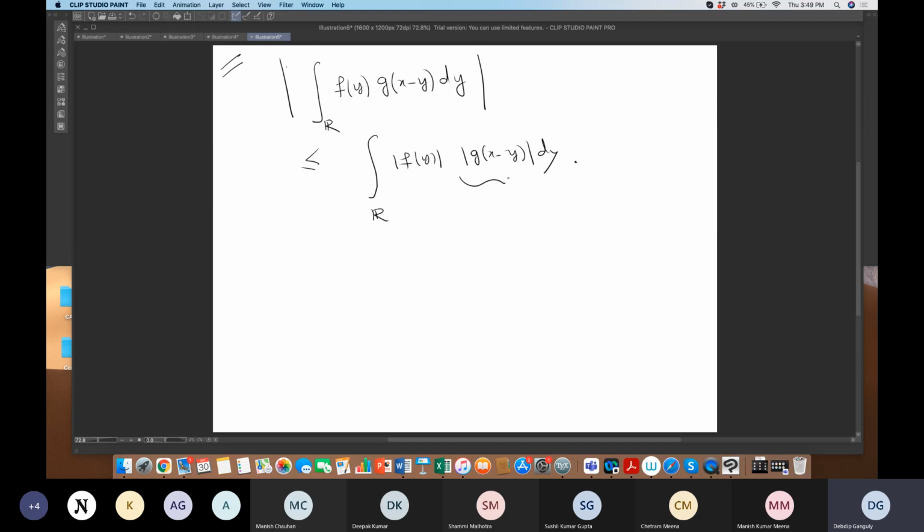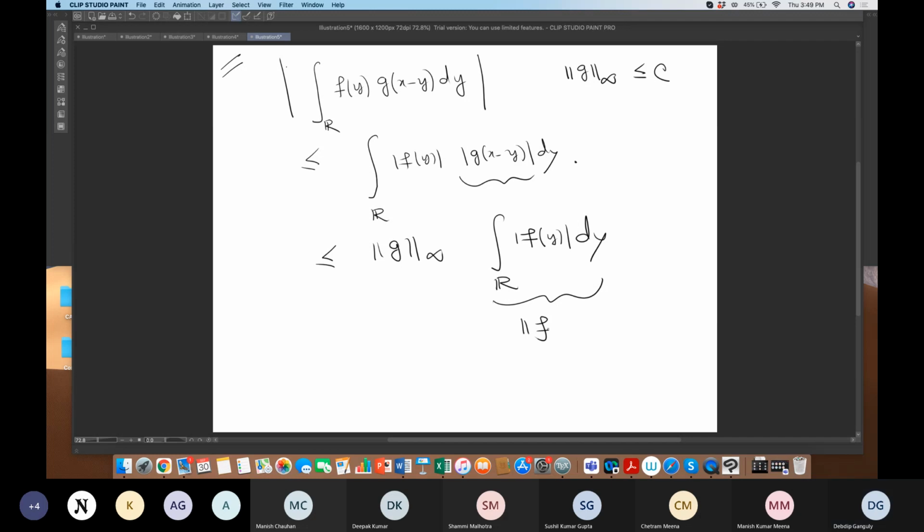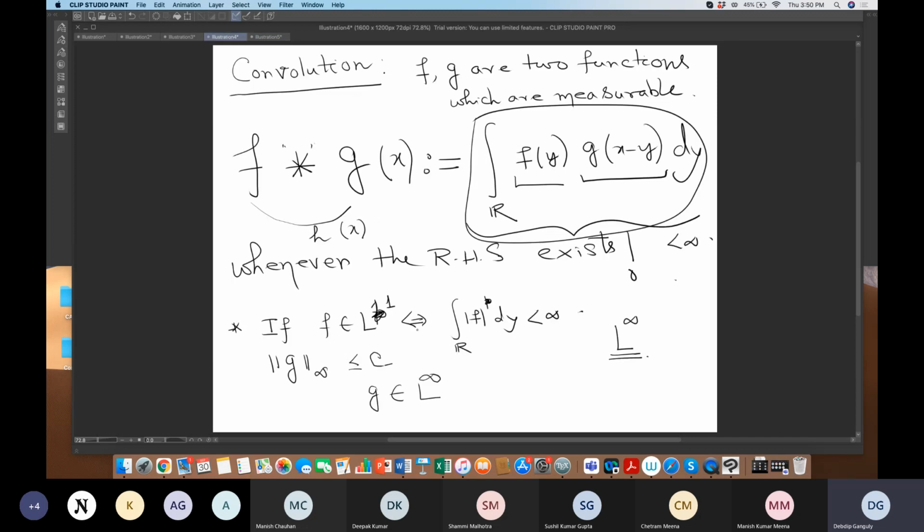Now we know the L infinity norm of g bounds mod g, so this is less than the L infinity norm of g times the integral of mod f, which is the L1 norm of f, and that is finite. So as you said, if we assume f is in L1 and g is in L infinity, then this integral makes sense. Very good.